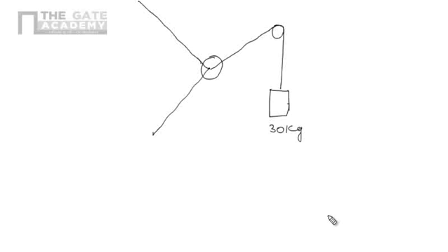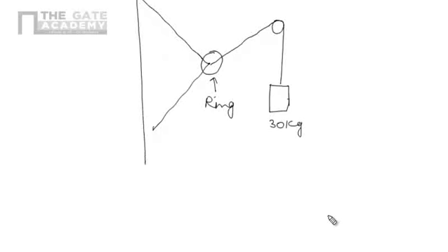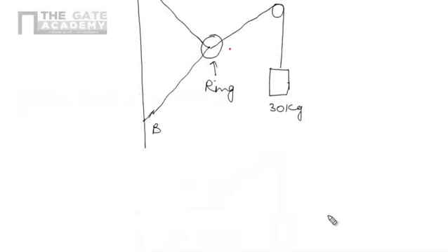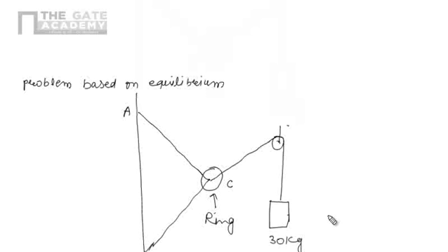This one is the ring, and this ring is attached with the three cables. Two cables are attached here. Suppose this point is A, this point is B, this point is C, and this one is the pulley, and suppose this one is at D.